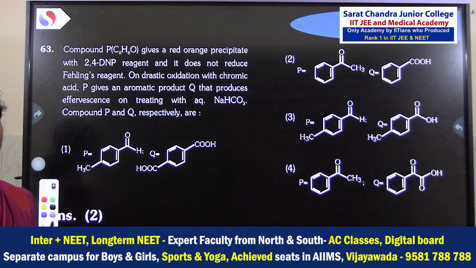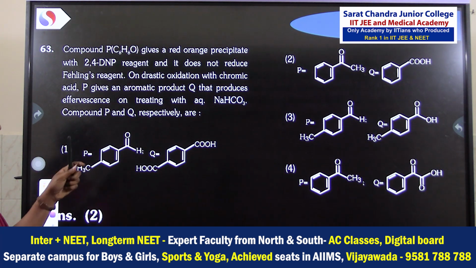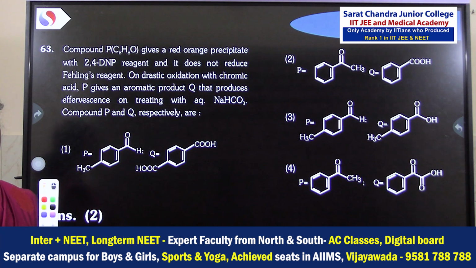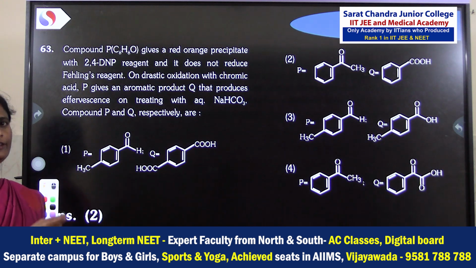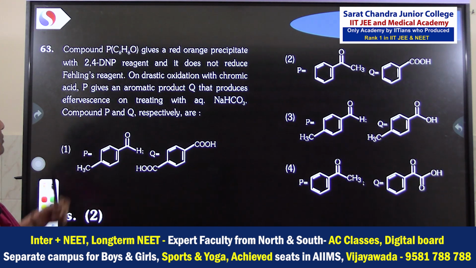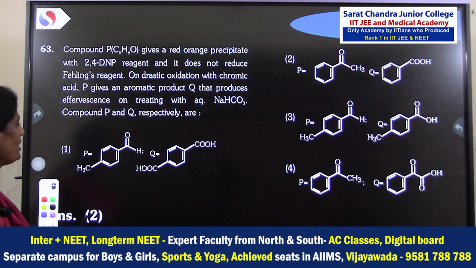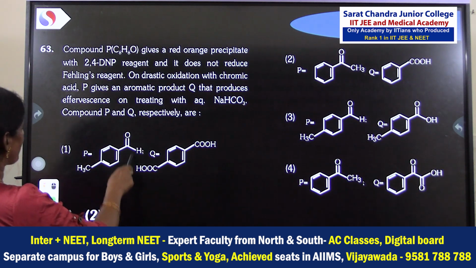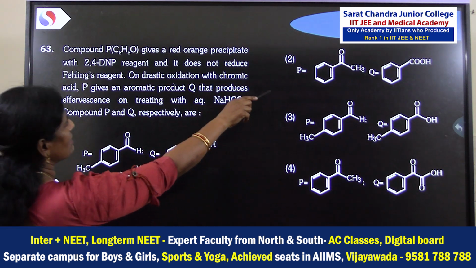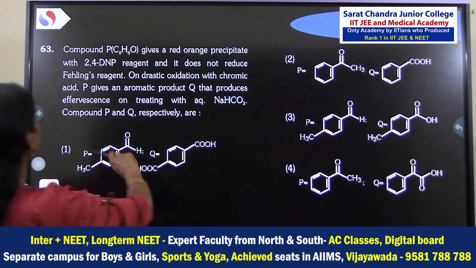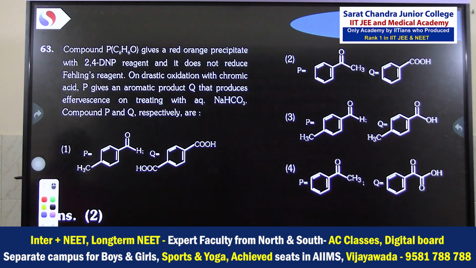Aldehydes reduce Fehling's reagent, but ketones are not able to. Among aldehydes, only aliphatic aldehydes reduce Fehling's reagent, but not aromatic aldehydes. So aromatic aldehydes as well as ketones are not able to reduce Fehling's reagent.